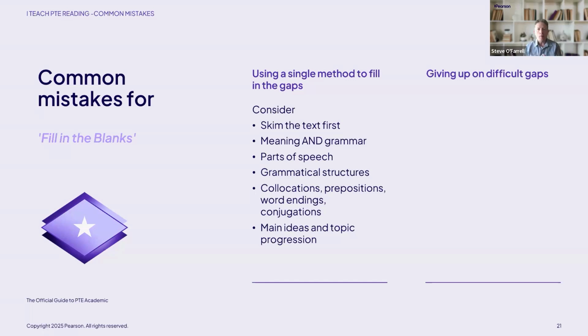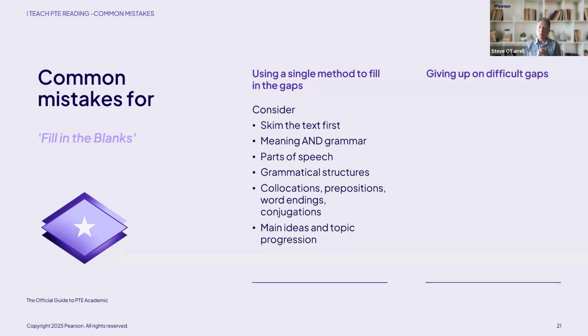And on the vocabulary side, things like collocations, prepositions, word endings, and conjugations, all of those little lexical items might be clues. Then follow it all by considering overall main ideas and topic progression. And remember, as before, to read back through afterwards and check: does the flow work?